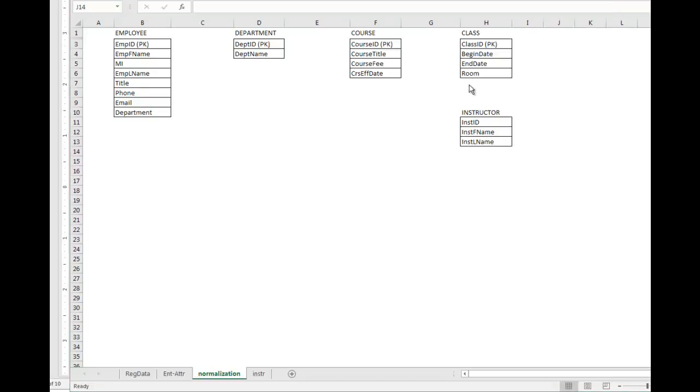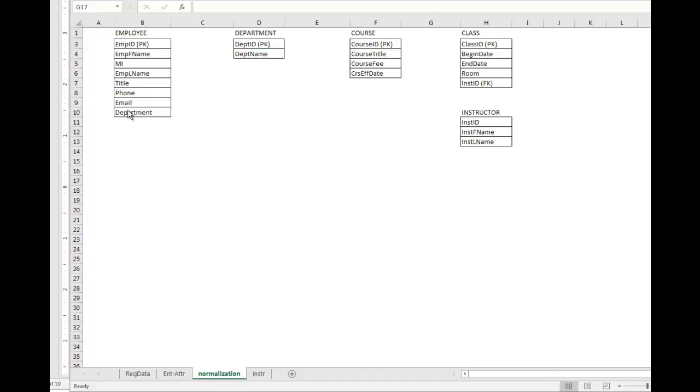By connecting them with a foreign key. In the class, instead of having instructor first name and instructor last name repeated in different rows, we are going to have instructor ID as a foreign key. So basically, this instructor ID will refer to the instructor first name and instructor last name.